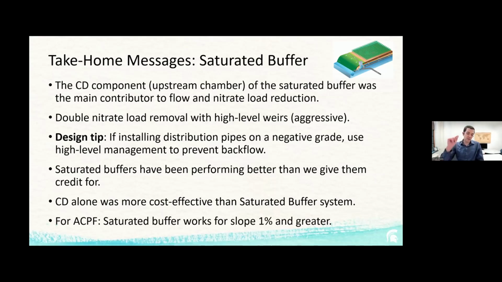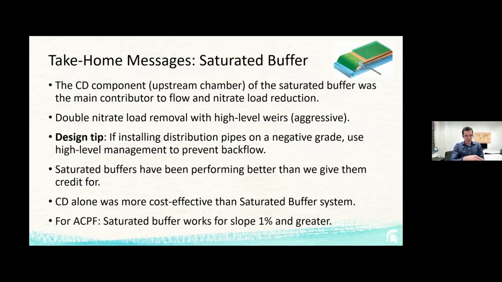So the recommendation based on our research is that we should consider slopes 1% and greater for saturated buffer suitability. For ACPF or other tools that you're using, that's the new finding that we've just published recently. So that would be the last bullet point.